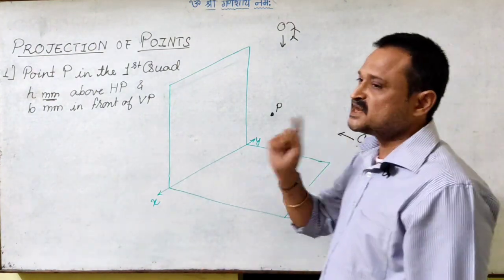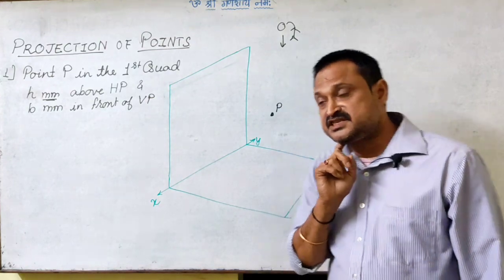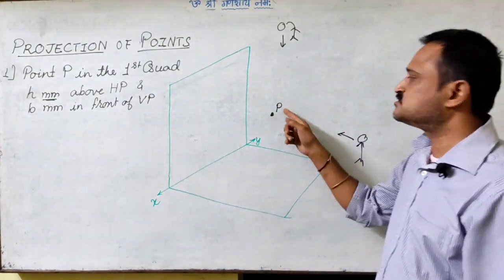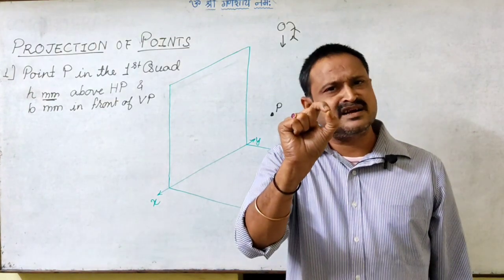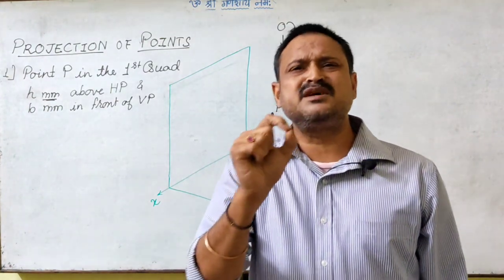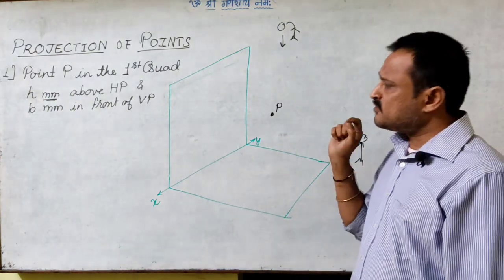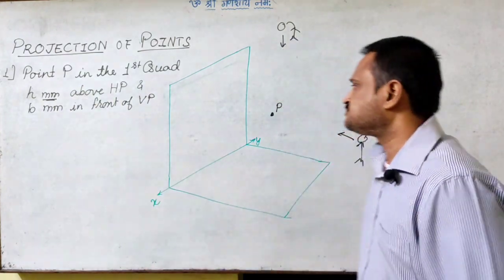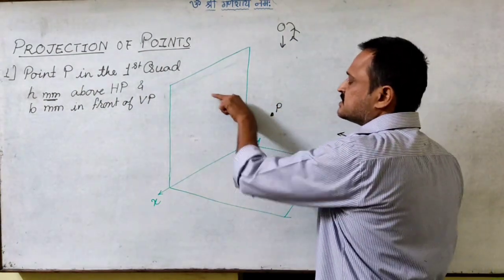And what is my consideration for orthographic projection? The projectors must be parallel to each other. Now there is only one point which has negligible dimension. A projector will also have negligible thickness. That means for one view, only one projector will pass through one point in one direction, right?